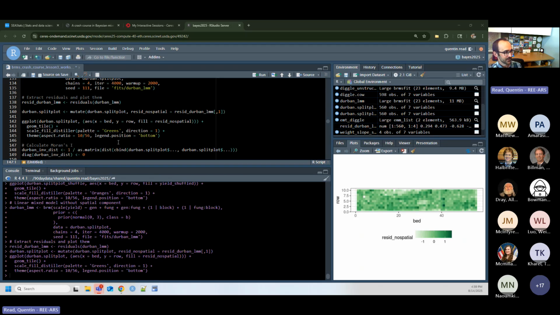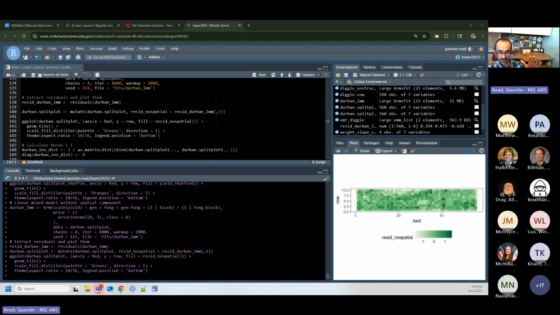That's a pretty good way to do it, plotting them spatially. There is also a statistic you can use to measure how much spatial autocorrelation there is in the residuals of a model. In other words, what is the correlation between any two residuals on this map and the distance apart they are?